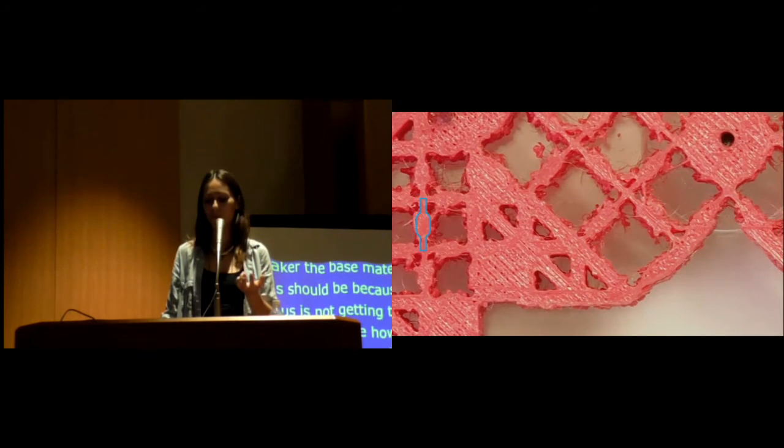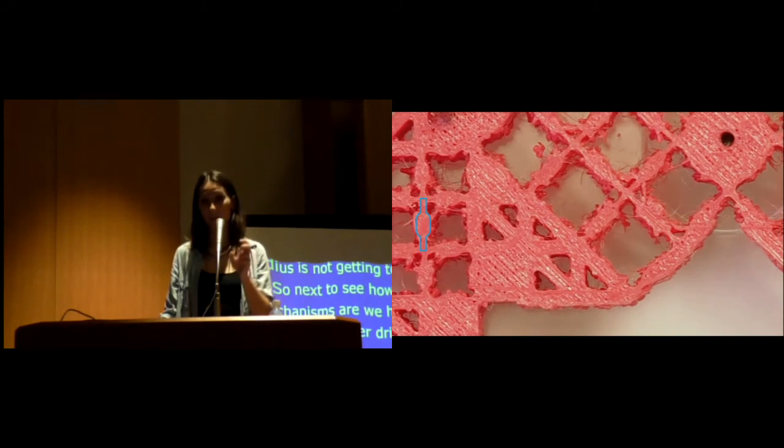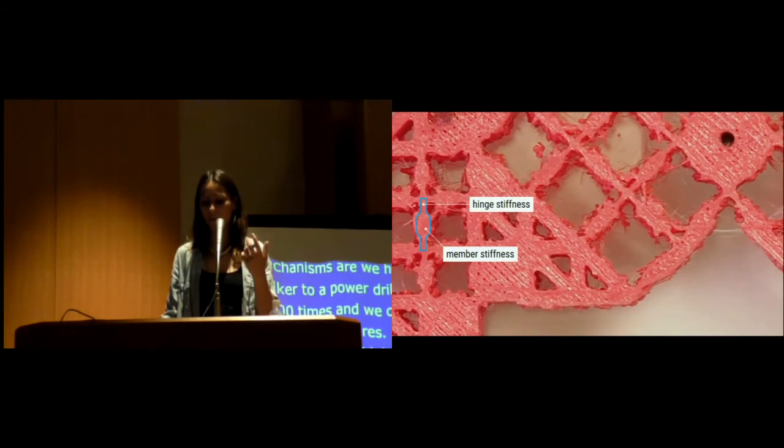So what you didn't see so far is that these little structures also have a thicker area. They're thicker in the middle, which increases the member stiffness, and they're thinner at their ends, which decreases the hinge stiffness.